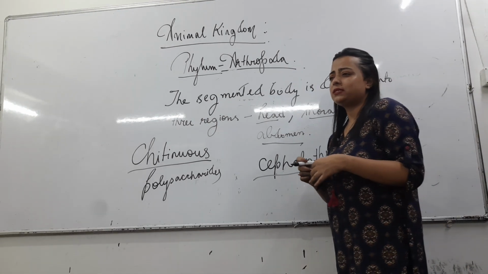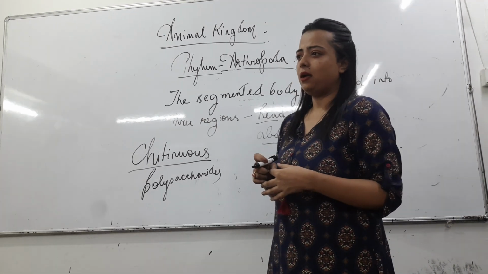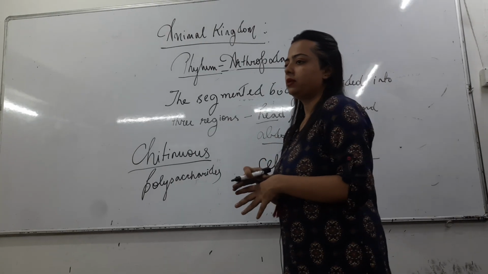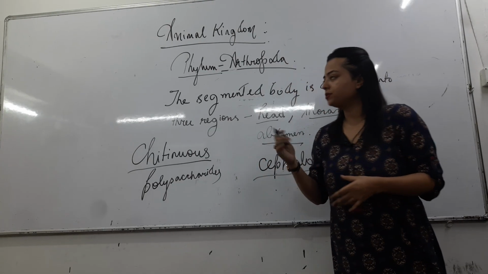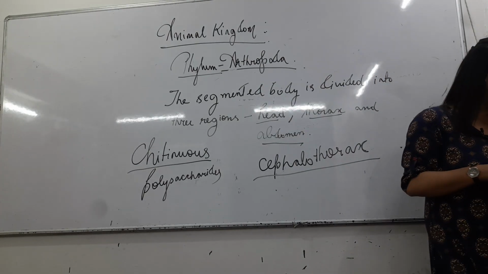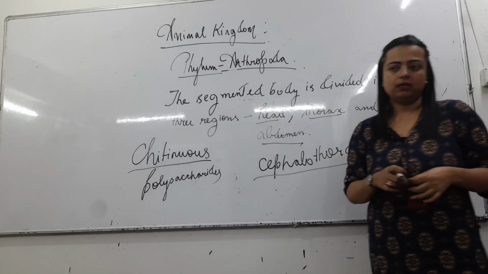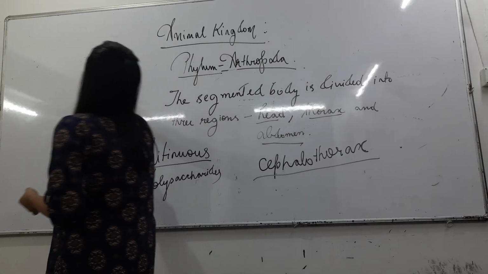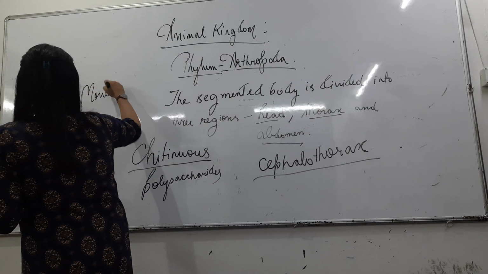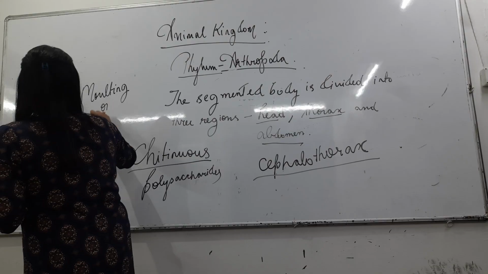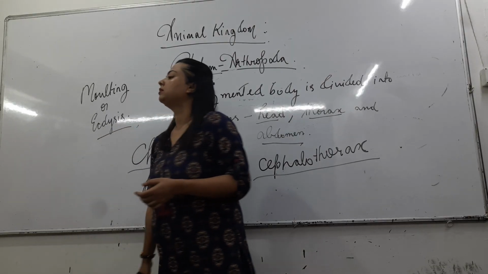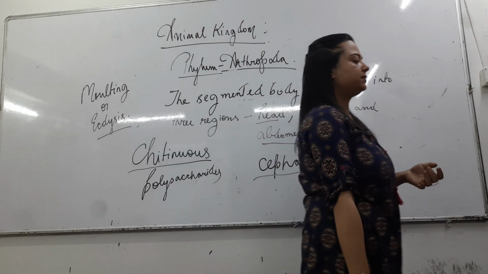A snake also casts off its skin, have you seen? It casts off the upper skin, so this happens here too. So casting of old exoskeleton is known as molting or ecdysis.